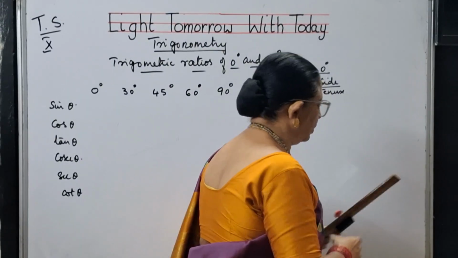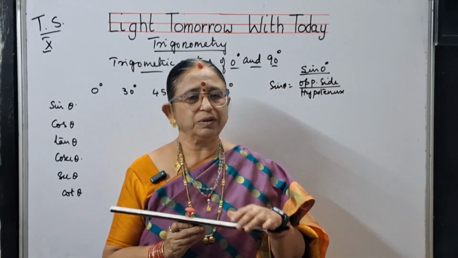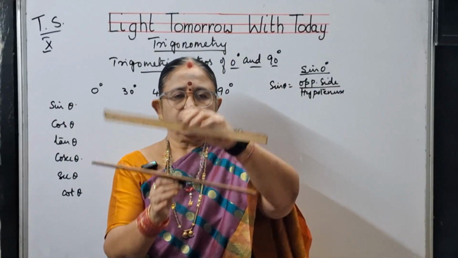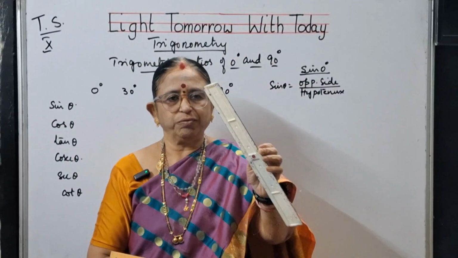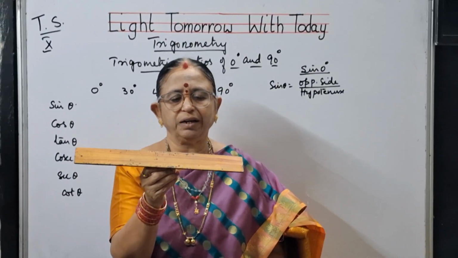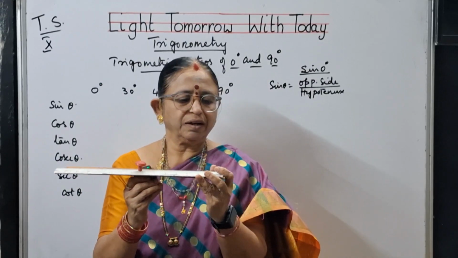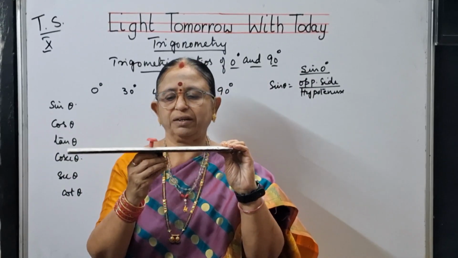So sine 0 degrees. See children, usually when you are talking about the angle formation, this is one arm of an angle and this is another arm of an angle. So when they are lying like this, we can consider this as the vertex.